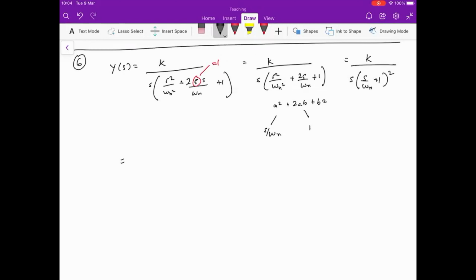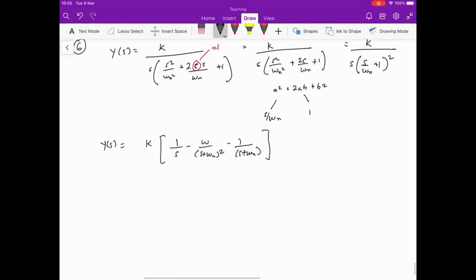Then we get the expansion of Y(s) given by k times 1 over s minus omega n over (s plus omega n) squared minus 1 over s plus omega n. What we need to do is, because of the linearity of the Laplace transform, we can invert this term by term.